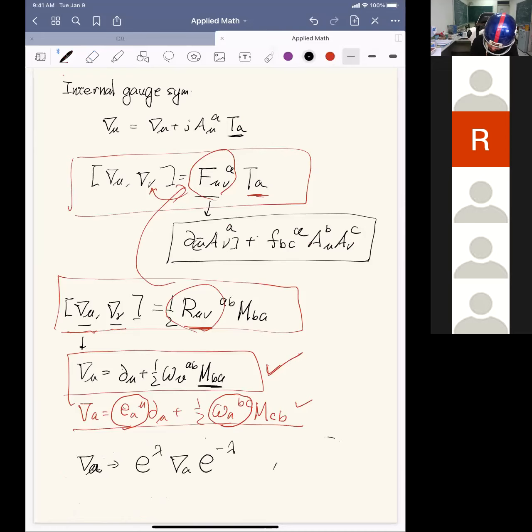The important point is that this lambda, maybe I used big G last time, is equal to lambda^mu(x) partial_mu plus lambda^{AB}(x) M_{BA} 1/2. So these are the gauge symmetry parameters.